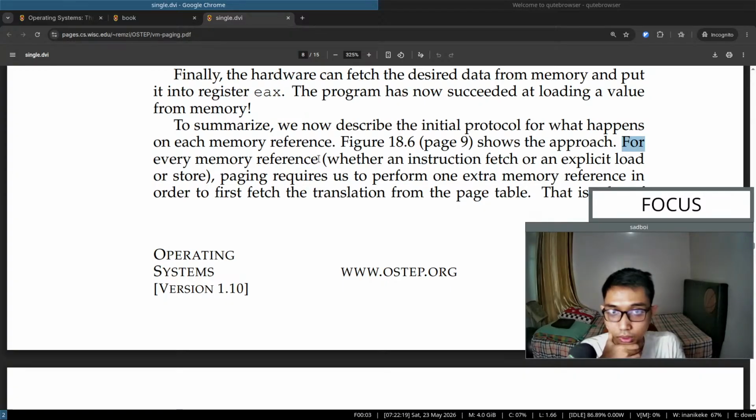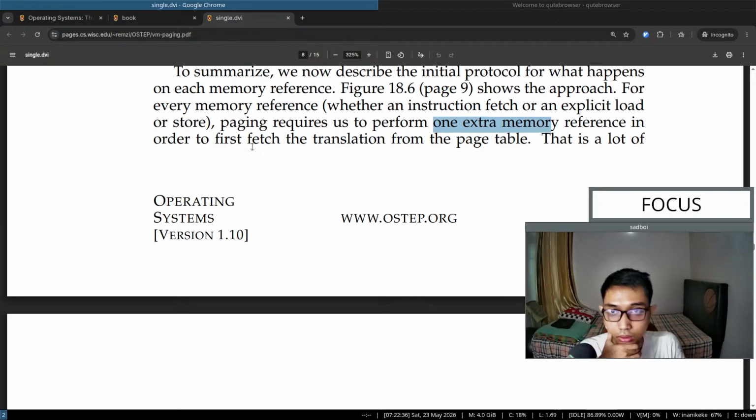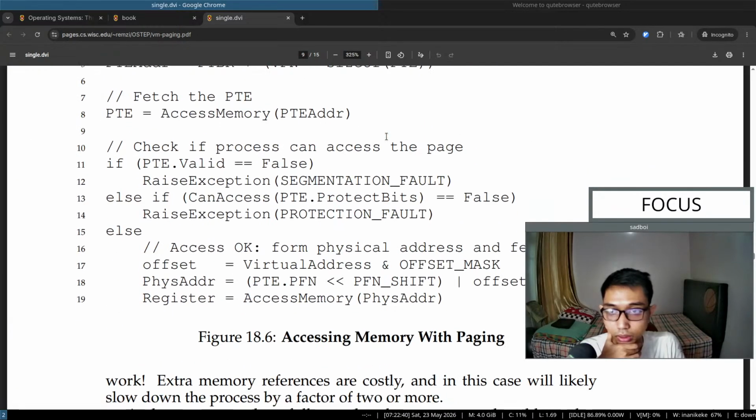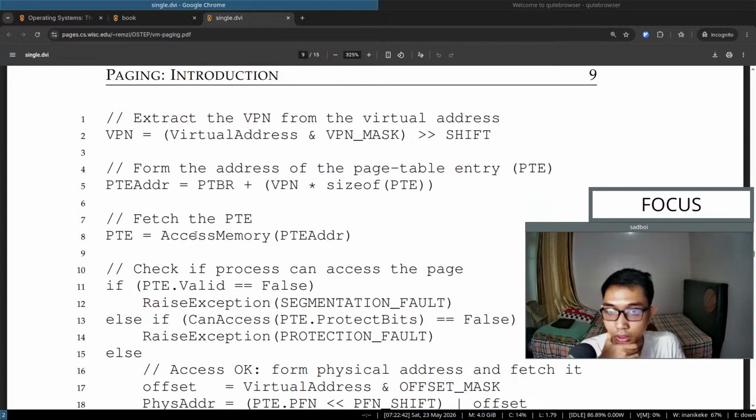For every memory reference, whether instruction fetch or an explicit load or store, paging requires us to perform one extra memory reference in order to first fetch the translation from the page table. I'm assuming this one, I guess. Fetch from the page table entry.